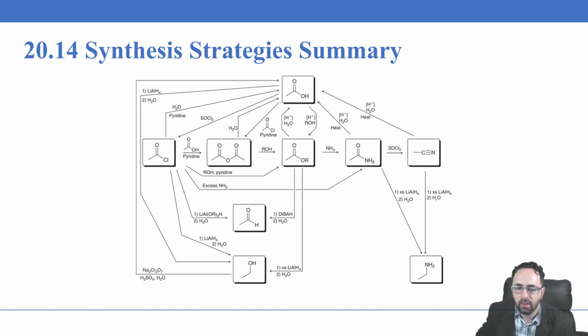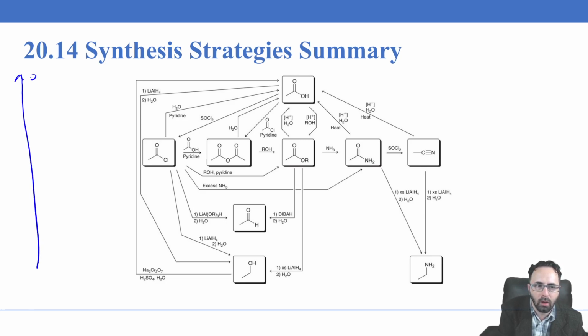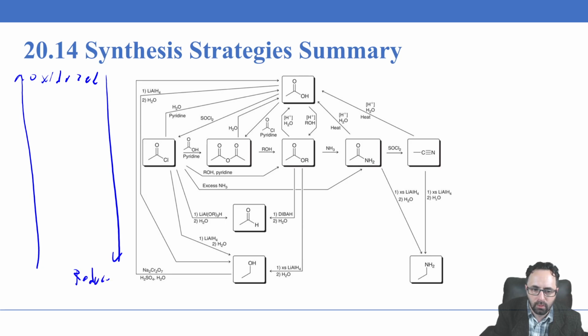Now note that the way this is laid out is that from top to bottom, this is the most oxidized. So up here is the most oxidized form, and going down is being reduced.